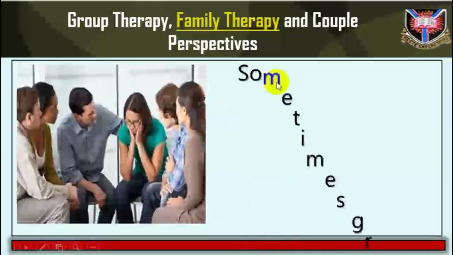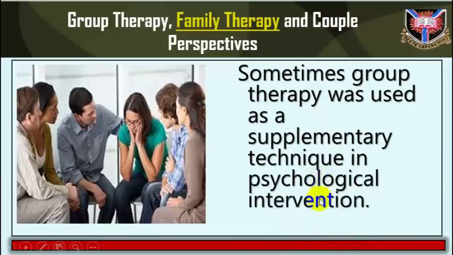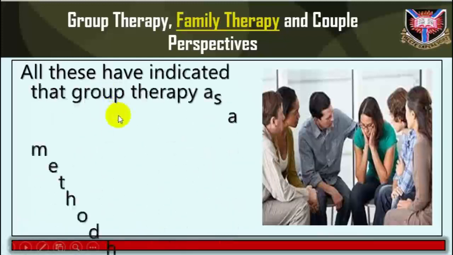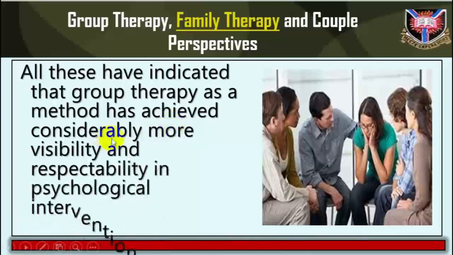Sometimes group therapy was used as a supplementary technique in psychological intervention. All these have indicated that group therapy as a method has achieved considerably more visibility and respectability in psychological intervention.